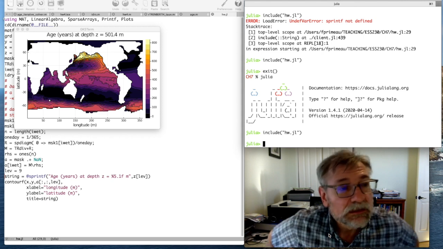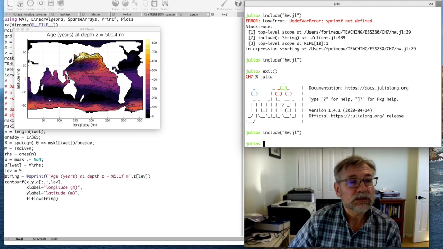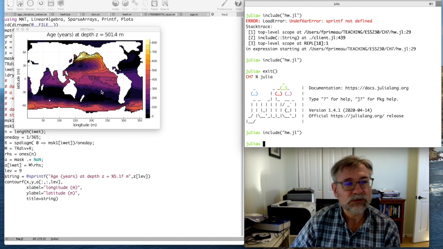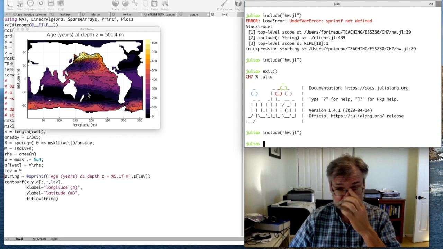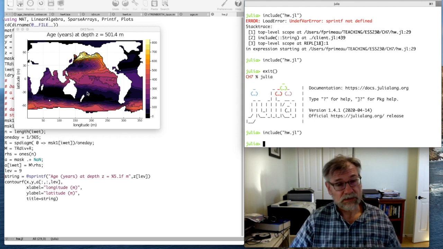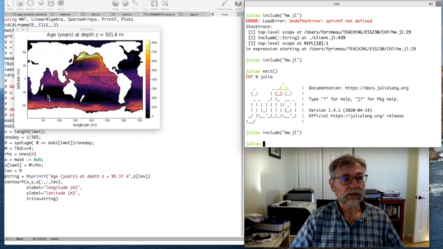Alright, that looks good. So we can see here the age at 501 meters. You can see the downwelling regions where there's Ekman convergence. With the westerly winds in the southern hemisphere, the Ekman transport is to the left, and so you end up having convergence and then downwelling in these latitudes over here, and the same thing in the northern hemisphere.